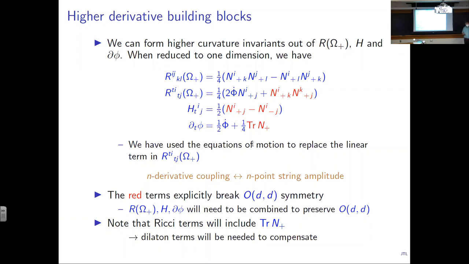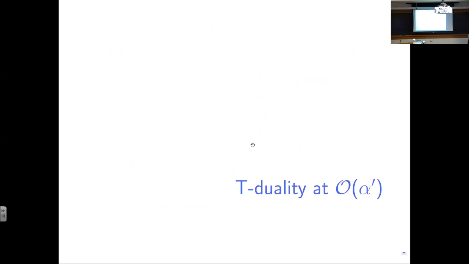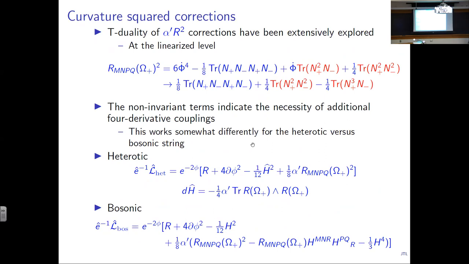And so most of the nicest results come at the four-derivative level, alpha prime R squared. So let me summarize alpha prime R squared. And this is just actually working out the 10-dimensional torsionful Riemann, R plus squared, and just plugging in the formulas. I'm not going through the formula details. It's not super important.